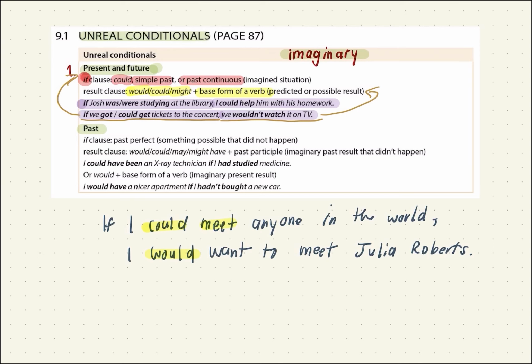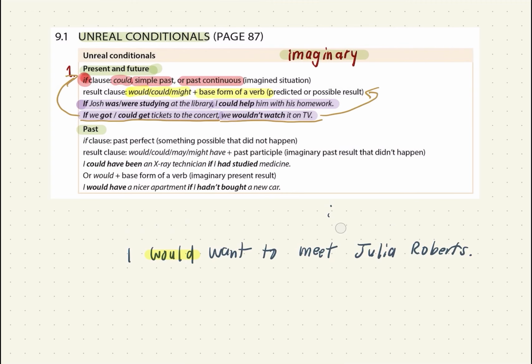These are unreal situations because in fact, I cannot meet anyone in the world. It's our imagination. So, if I could meet anyone in the world, which is not possible, I would want to meet Julia Roberts.